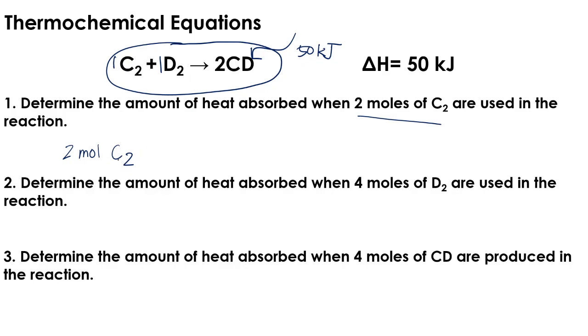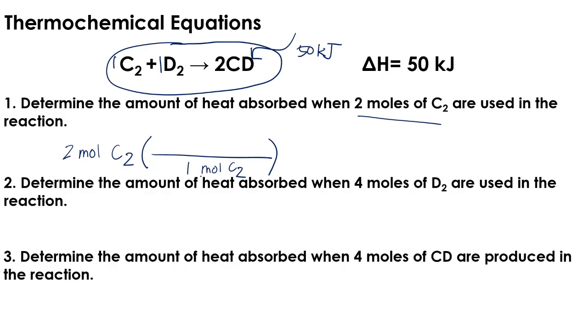In this case, we'll use a conversion factor. Again, we'll try to convert moles of C2 to the amount of delta H. And for the numbers here, just look at the thermochemical equation. Here the coefficient is 1.